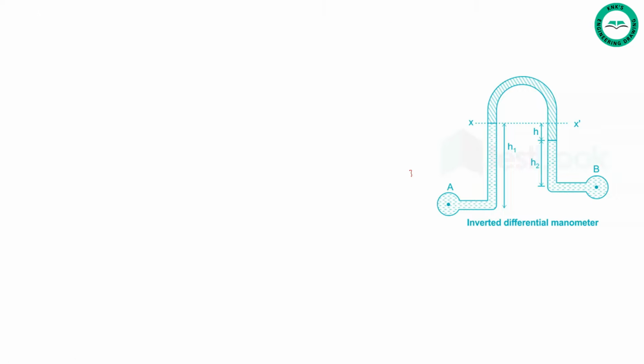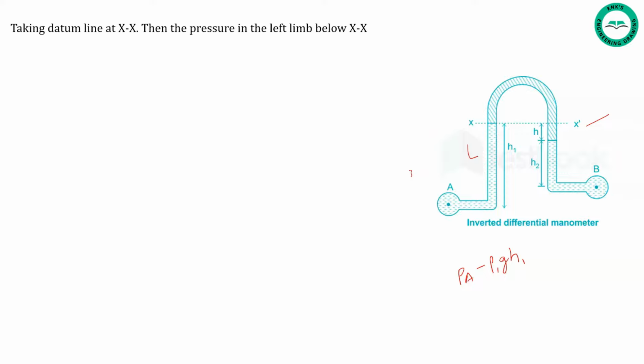Now, by taking XX as a reference line, that is datum line, the pressure in the left limb below the XX is given by PA minus rho 1 g H1.